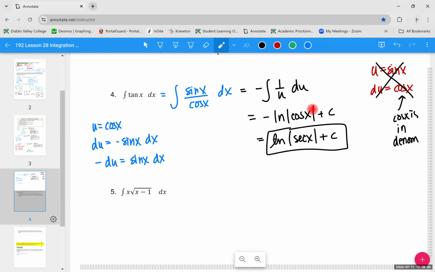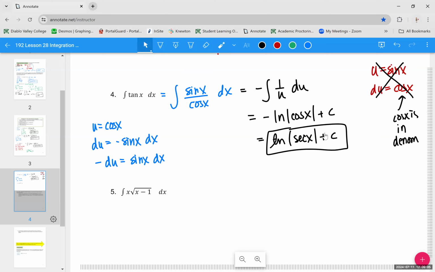Well, what's cosine to the negative 1? What's the reciprocal of cosine? It's secant. So you will see this a lot in Calc 2. And you might even just memorize it as a formula because you will see the integral of tangent so many times that you might just remember that and not have to go through that process every time.